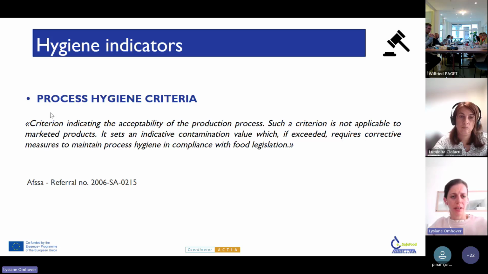The process hygiene criteria are defined as the acceptability of the production process. Such a criterion is not applicable to market products, and it sets an indicative contamination value; if exceeded, the FBO is required to take corrective measures.